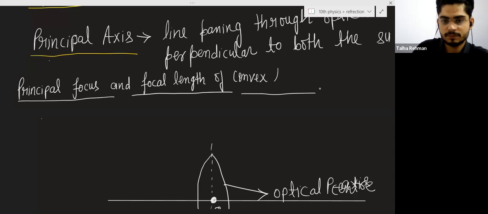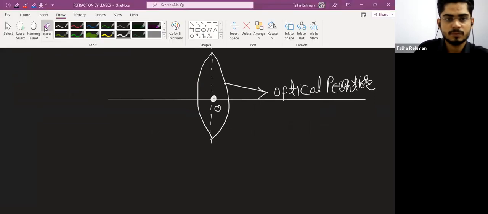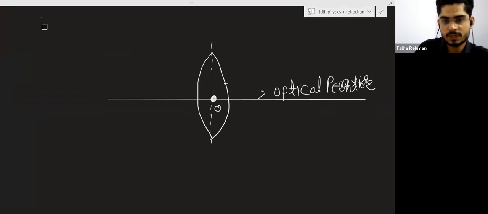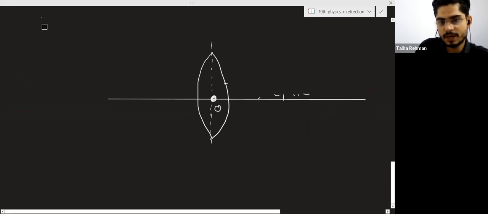Convex lens. So this is the convex lens, and this line, this is the convex lens, this is the optical center, this line is the principal axis.